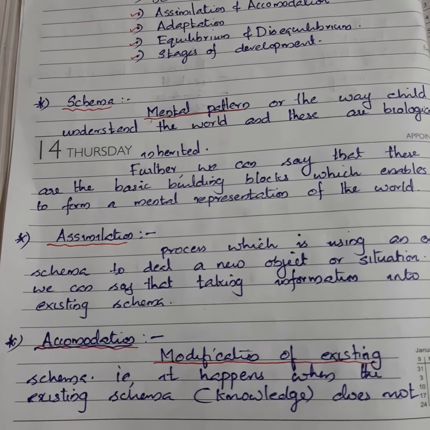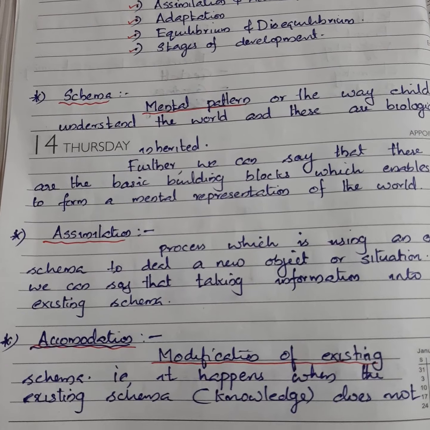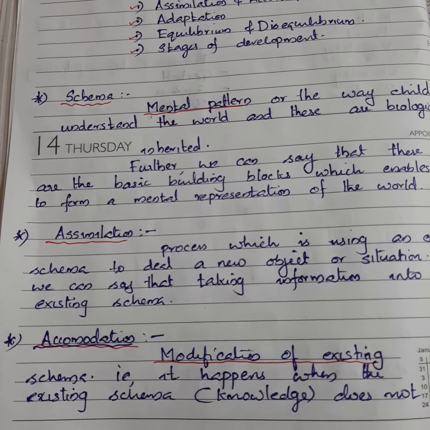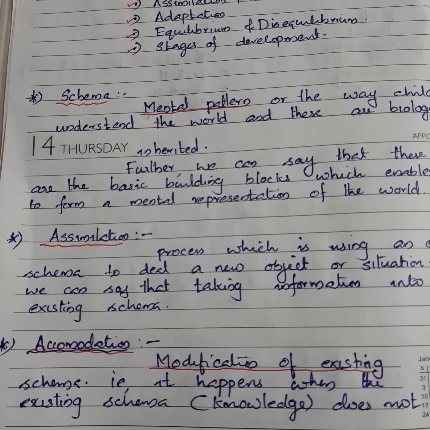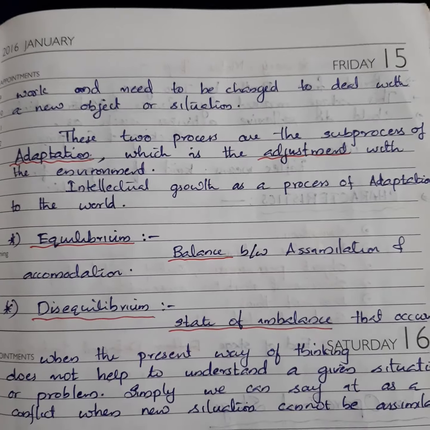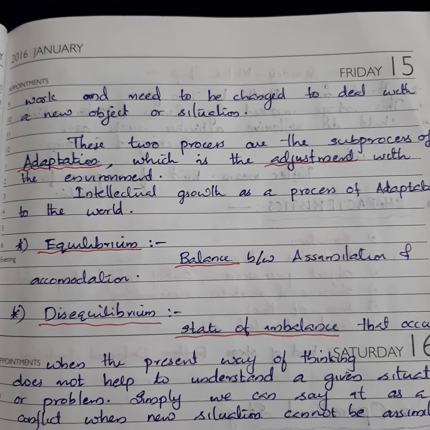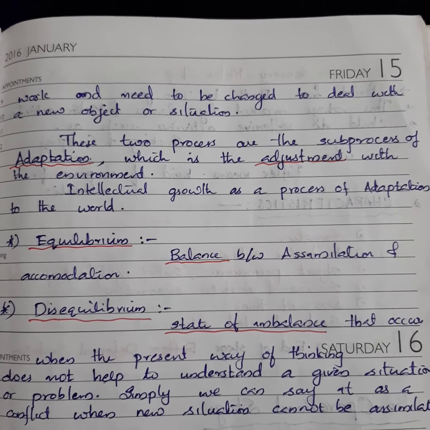Next term is accommodation. Simply, it is the modification of existing schema. That is, it happens when the existing schema or the knowledge does not work and we need to change in order to deal with the new object or situation.